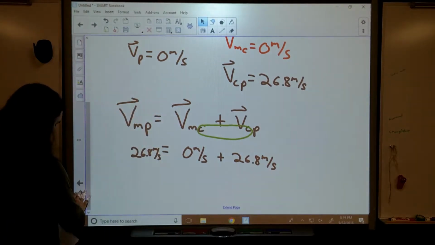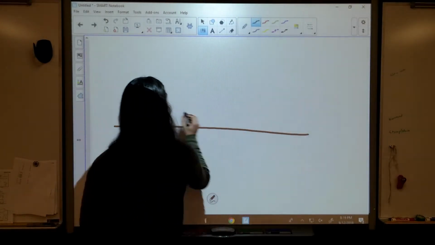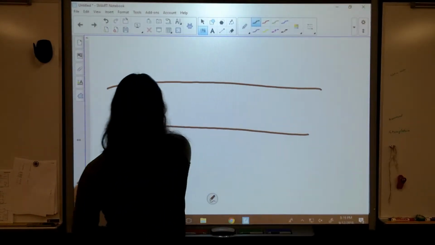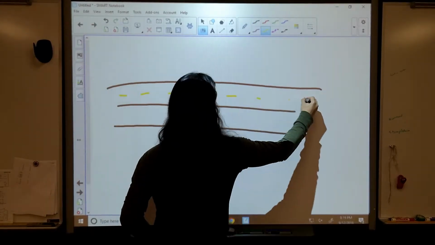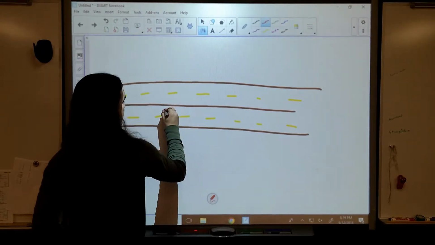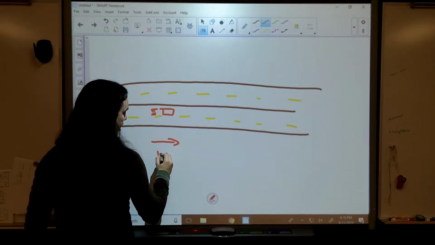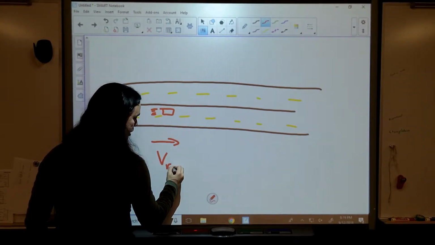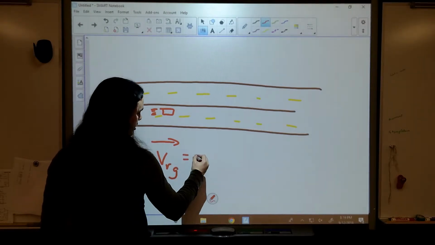Another way of looking at this, let's go with some traffic. Let's say we've got a road like this. Now I've got a red car zooming along this way, and we'll say that the velocity of the red car with respect to the ground is, well, let's call it a highway.